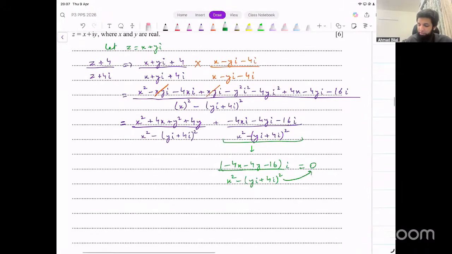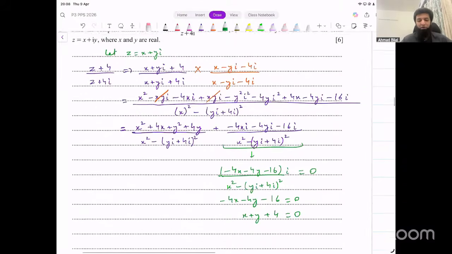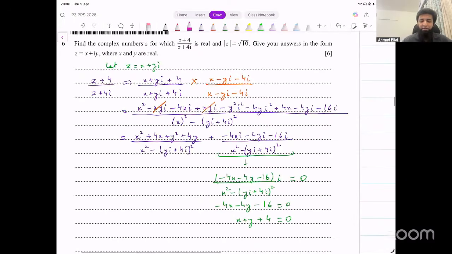This goes to the other side, gets eliminated. Iota also gets eliminated. And we're just left with minus 4x minus 4y minus 16 equal to 0. That's an equation that we've got. We can divide by negative 4, and the equation would become x plus y plus 4 equal to 0. This is one equation connecting x and y that we've got. We need one more equation to be able to find the values of x and y. Modulus of z is square root of 10.